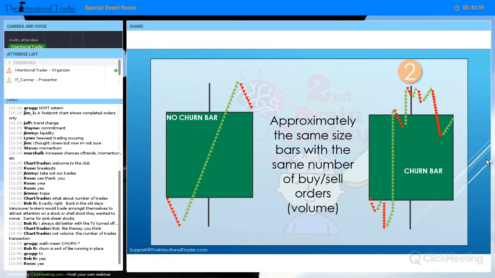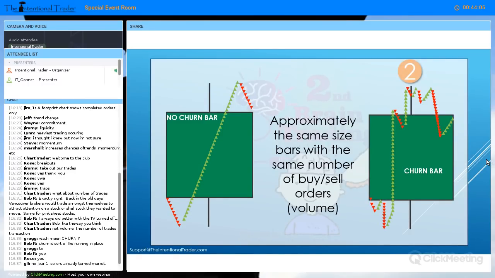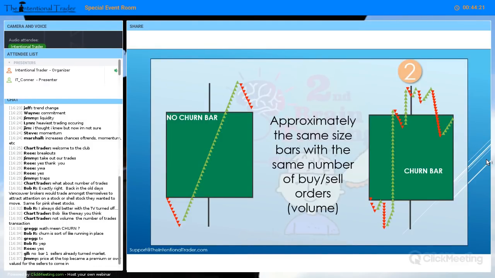I can't find anything actionable in the raw number. I might use volume to help me qualify other things. Well, these are two different bars. These aren't one right after the other. These are on two different parts of the chart at different times.